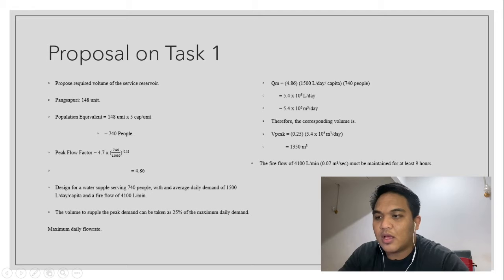Once we have QM, we can find V peak. V peak is 0.25 times QM. Why do we use 0.25? Because we take 25% of the maximum daily demand, and times 5.4 times 10 to the power of 6, we get V peak of 1350 cubic meters.